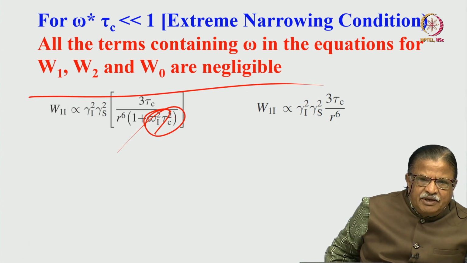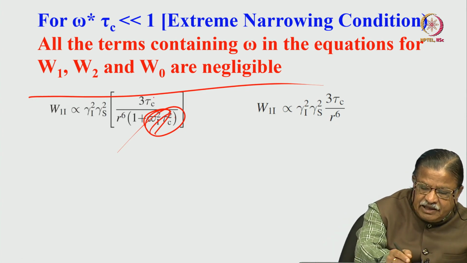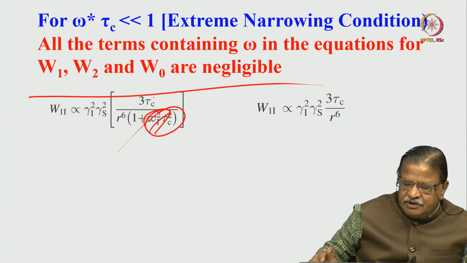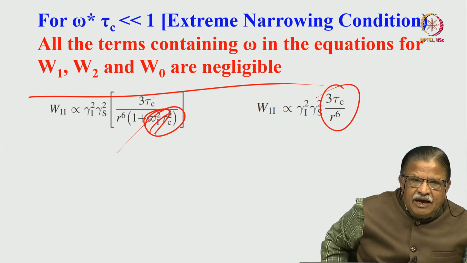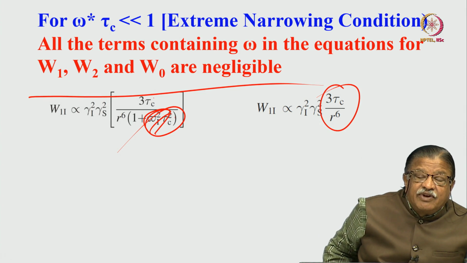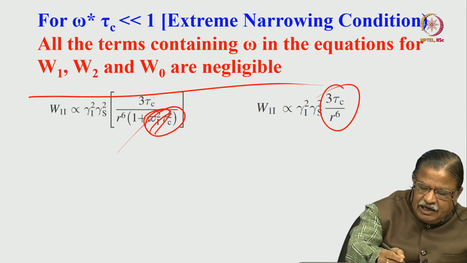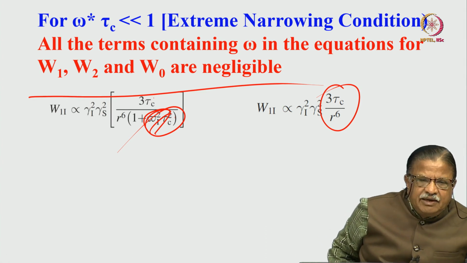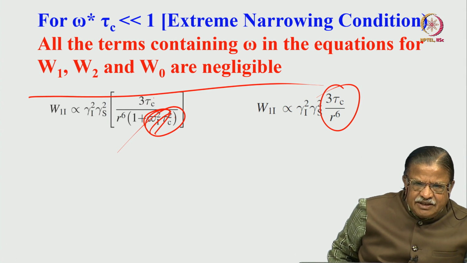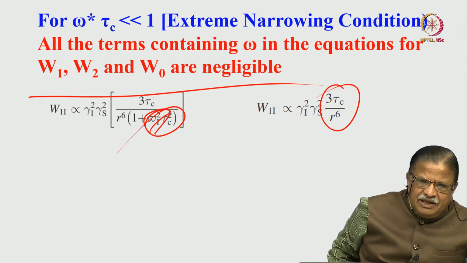Then this term can be eliminated, and we get 3 tau c over r to the power of 6. This is the situation when omega tau c is very much smaller than 1. When it is very much greater than 1, we cannot ignore this term, because the denominator contributes.